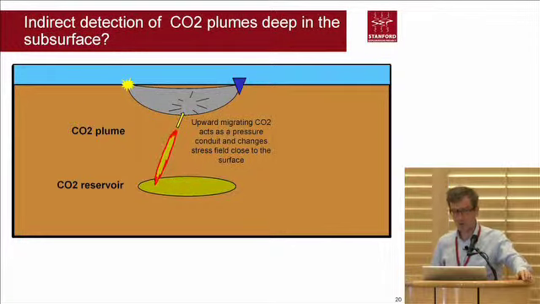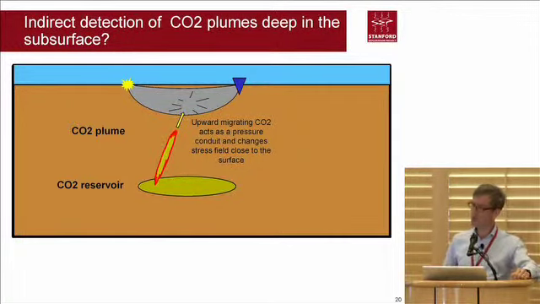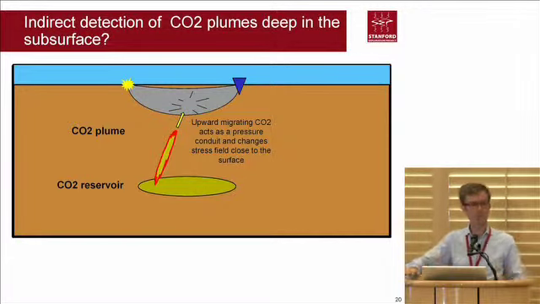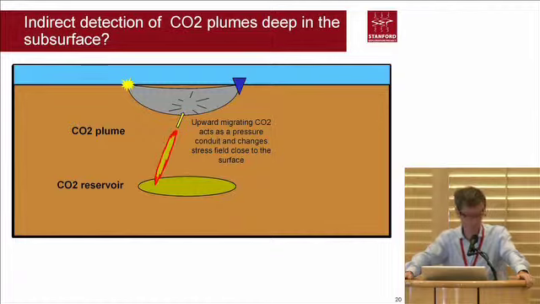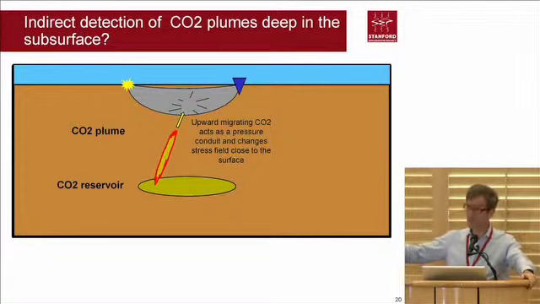Even more intriguing would be an indirect detection, in which the plume coming up towards the surface works as a pressure conduit in the subsurface, and changes the stresses close to the surface way before it gets close to the surface.